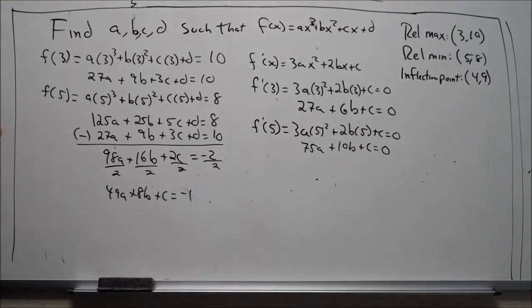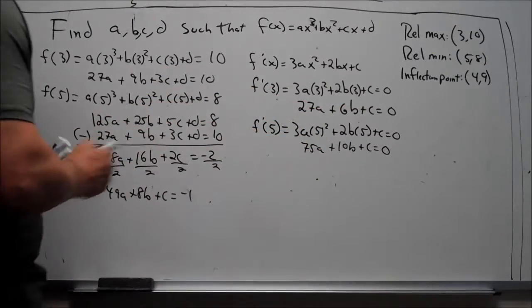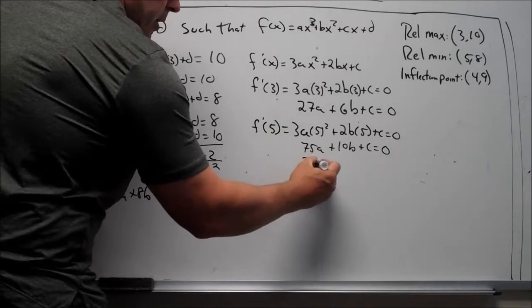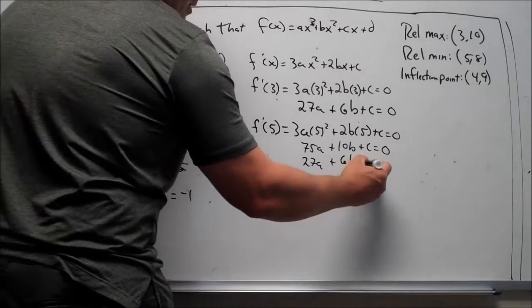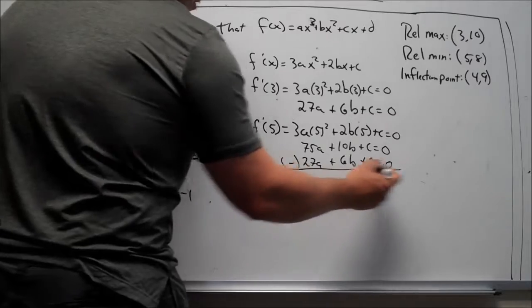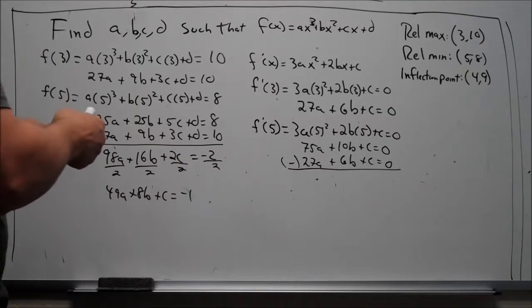So just like we did before, we could eliminate the c if I subtract this one up here from that one. We had 27a plus 6b plus c equals 0. Subtracting, we end up with, what's 75 minus 27?